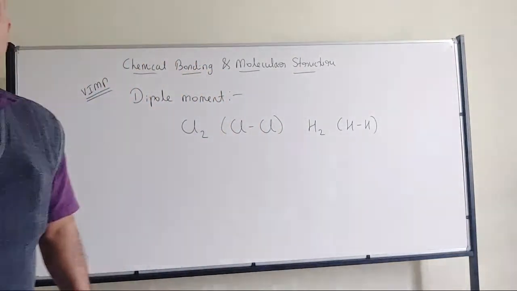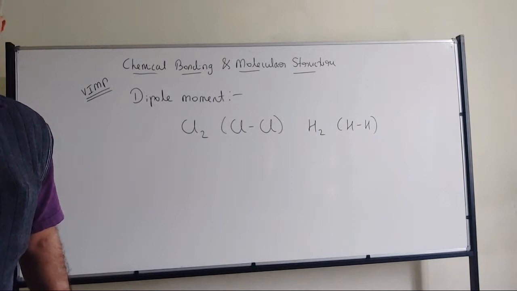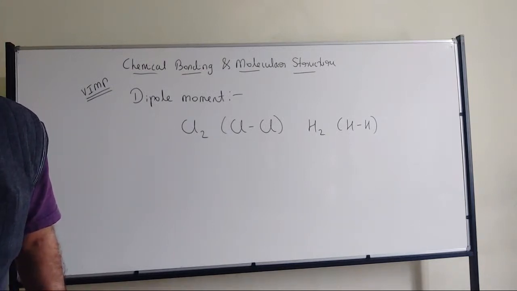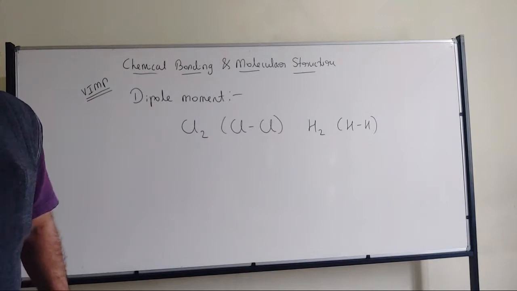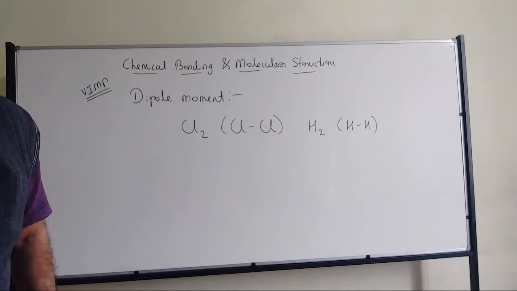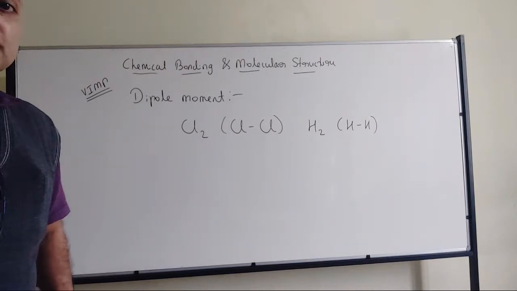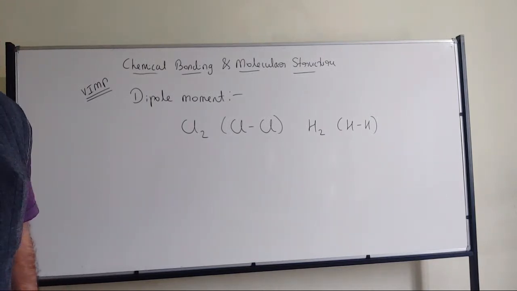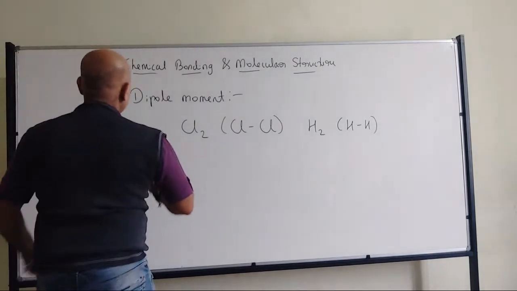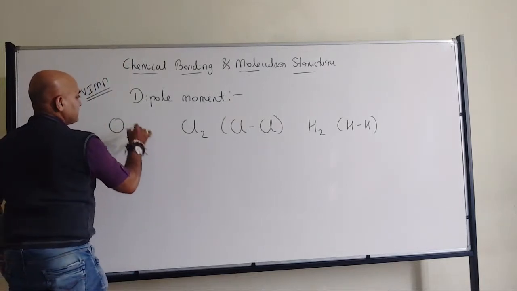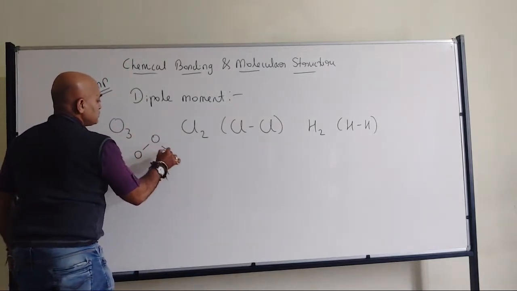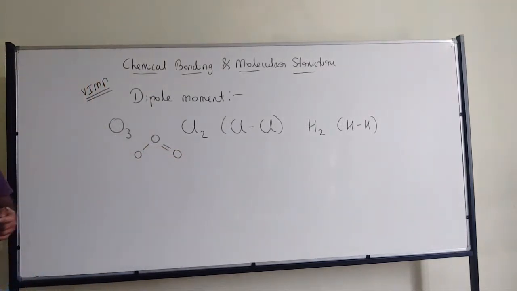Whatever examples I have written on the board are all examples where the same type of element is bonding with each other. All of you will agree? Chlorine is bonded with chlorine to form Cl2. Hydrogen is bonded to hydrogen to form H2. Same way, if I take ozone, O3, three oxygen atoms are attached to each other.